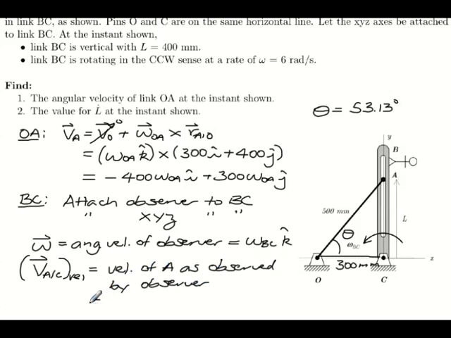We don't know what that is. But the observer is going to see A moving along a straight line path, that slot. In actuality, the path of A is a circular path, but our observer thinks it's straight. So he or she is going to report back some time derivative L dot along J.